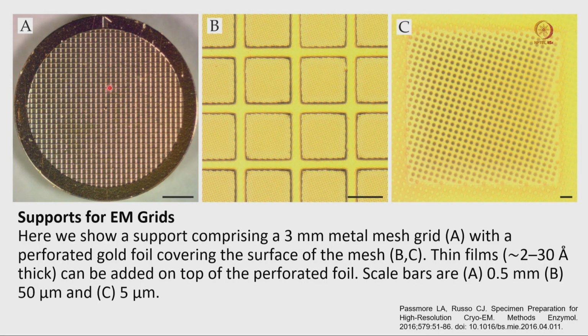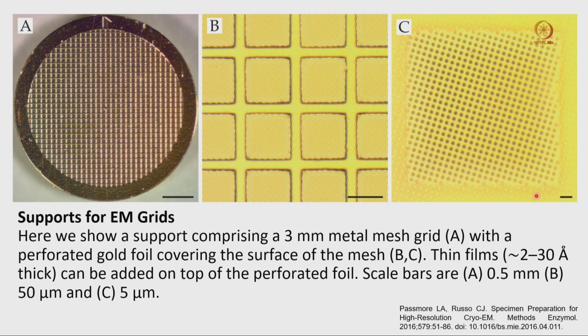If you enlarge one particular area of this grid, you will see this kind of square, where this is the major metal bar and this is the carbon area. This book chapter is mainly focused on cryo-EM. That is why we are using a quantifiable grid where you can see uniform size holes.